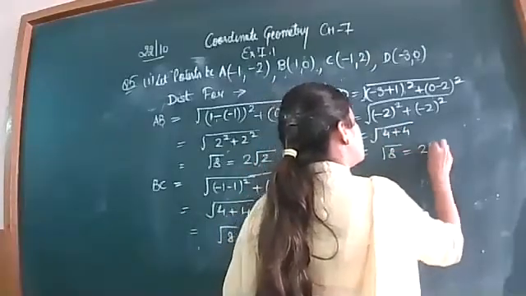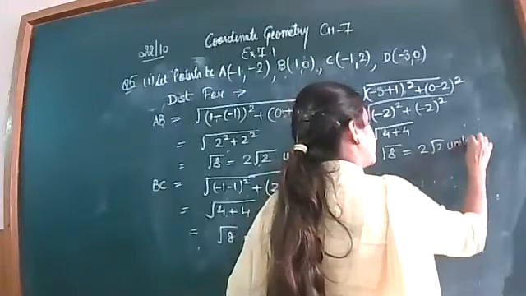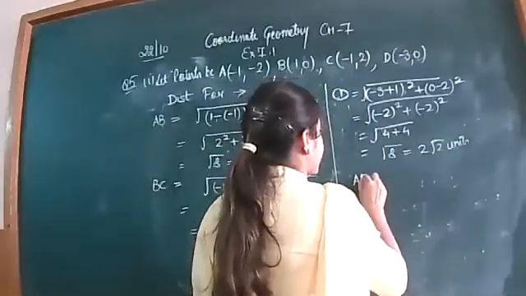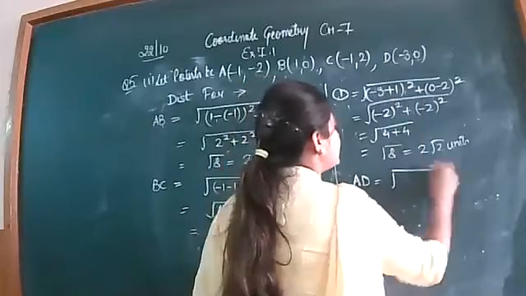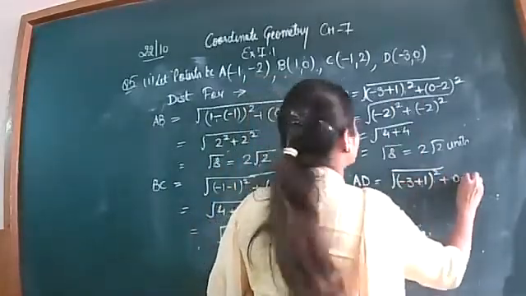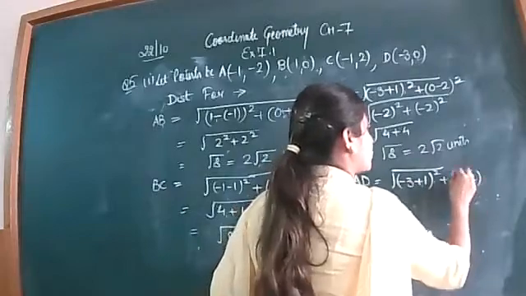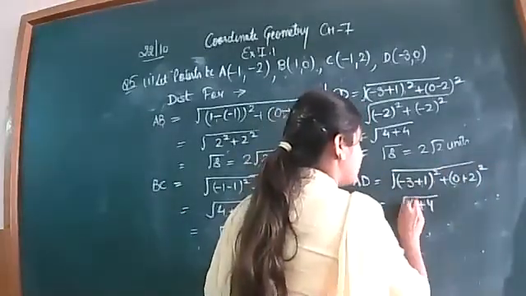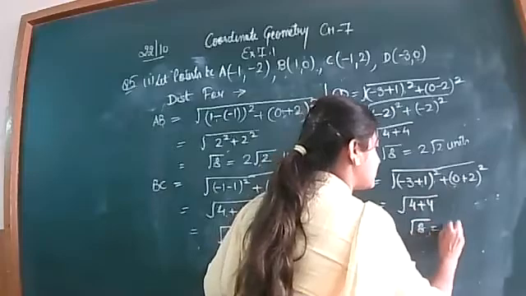And the answer is 2 root 2 units. Next is your DA, or you can say AD. That is minus 3 plus 1 whole square plus 0 plus 2 whole square. That is again 4 plus 4, that is 8, and the answer is 2 root 2.